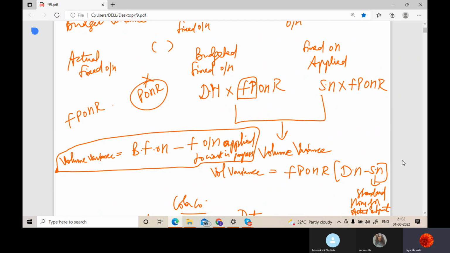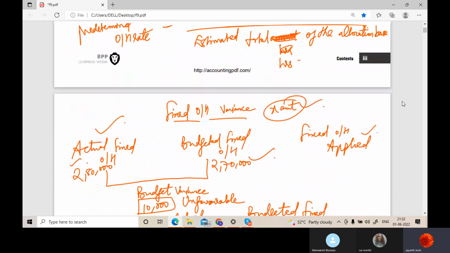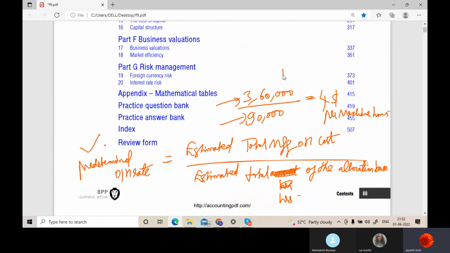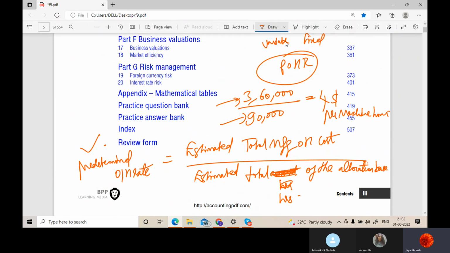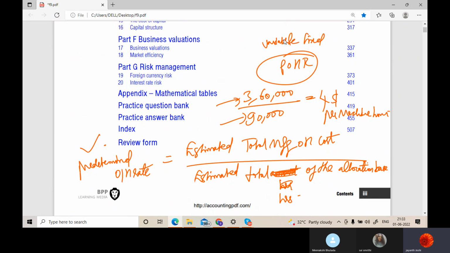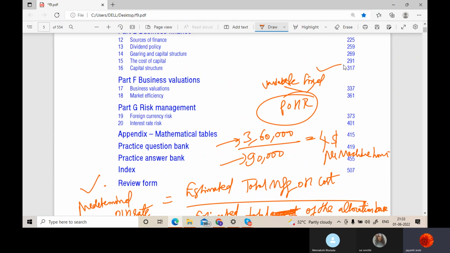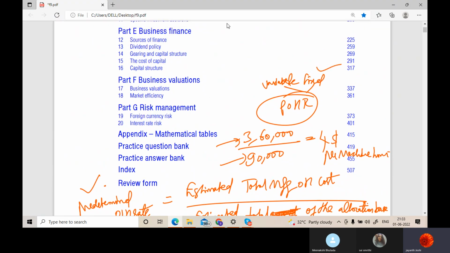So the next point is, see this $4 you got is POHR, the predetermined overhead rate. That means overheads can be variable and can also be fixed. We want only the fixed element right now. Okay, so we will just find this out. How to find it? Let's go ahead.